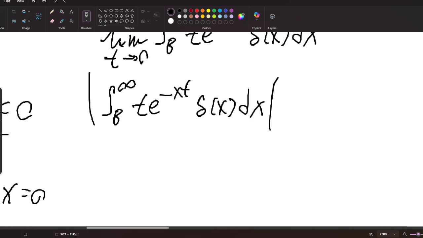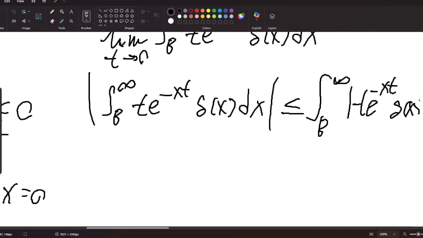So we can show that the absolute value is less than every positive number that we can pick. How do we do that? Well, we can use a bunch of nice inequalities. First of all, the absolute value of this integral is going to be less than the integral from b to infinity of the absolute value of the integrated function.